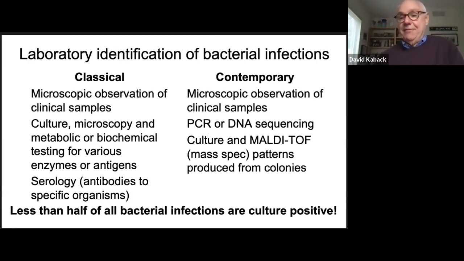Only about half of bacterial infections actually produce a culture positive, because by the time you show up and are being sampled, your immune system has already kicked in with all these superantigens, and it has started swallowing up that bacteria.